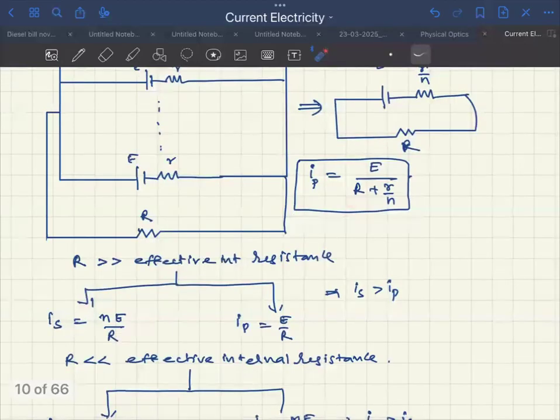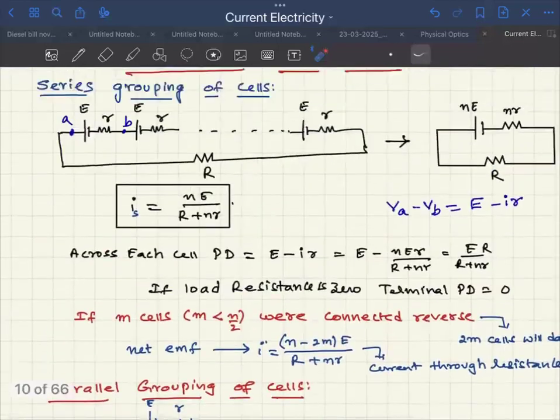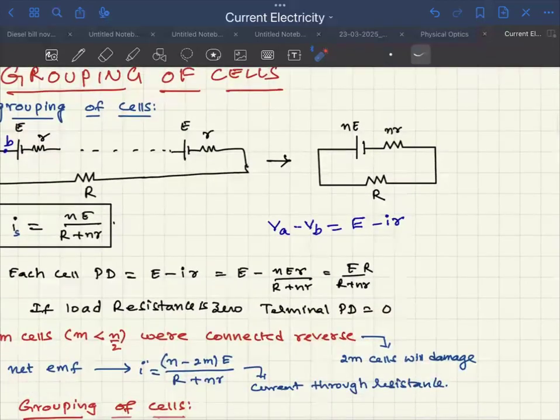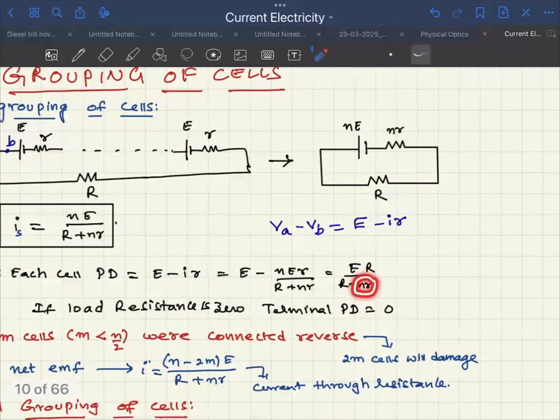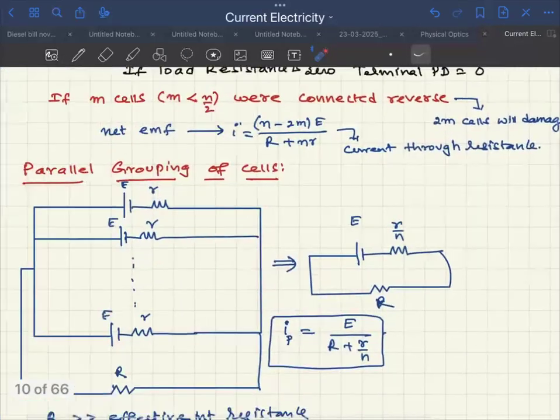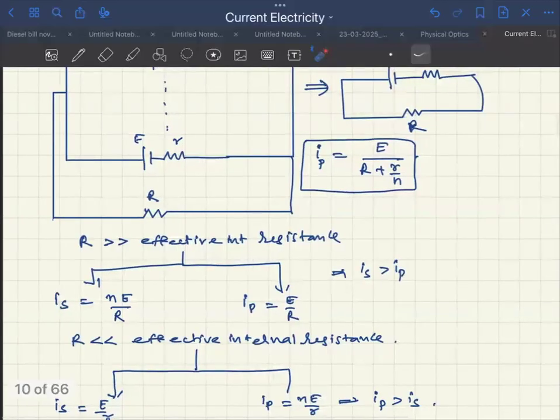A plus B, where A is very high, is almost A. For example, if this is 1,000 and this is 1, whether you add 1 or not makes no difference. So finally, it becomes E by R in the parallel condition. What about the series? In series, this term will vanish because you said the load is high compared to the effective internal resistance. In that case, the series current is nE by R. Now tell me which is high?